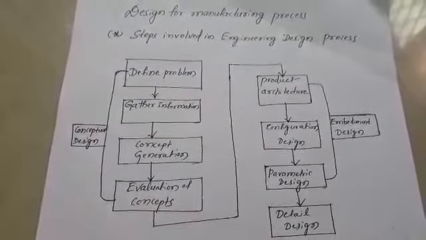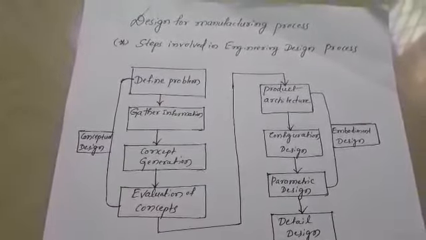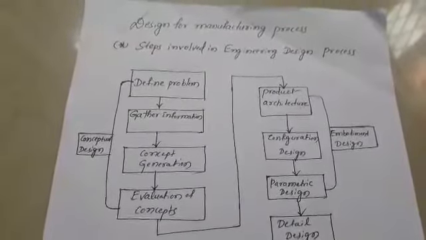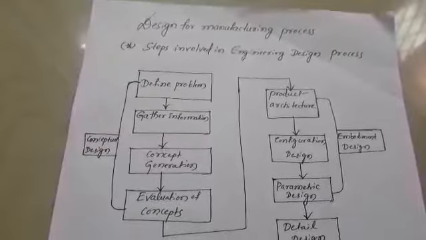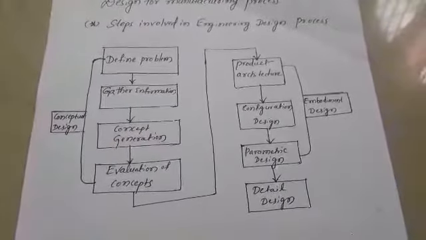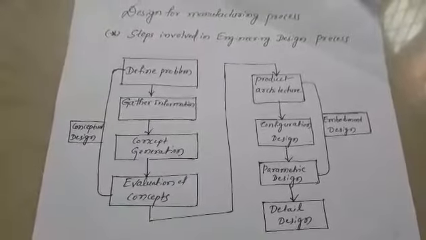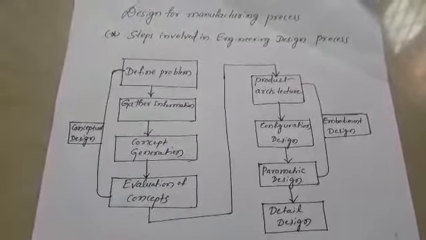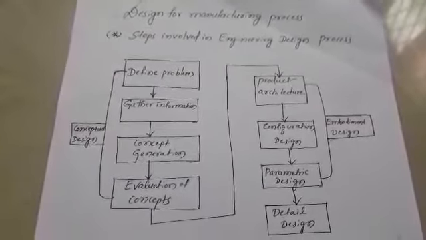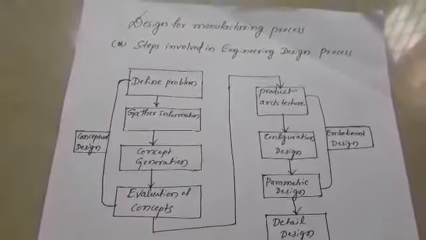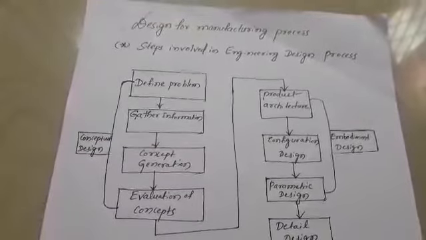In the product architecture, the overall design concept is divided into small subsystems and modules. In this step, we have to decide how the physical components of the design are to be arranged in order to combine them to carry out the functional duties of the design.